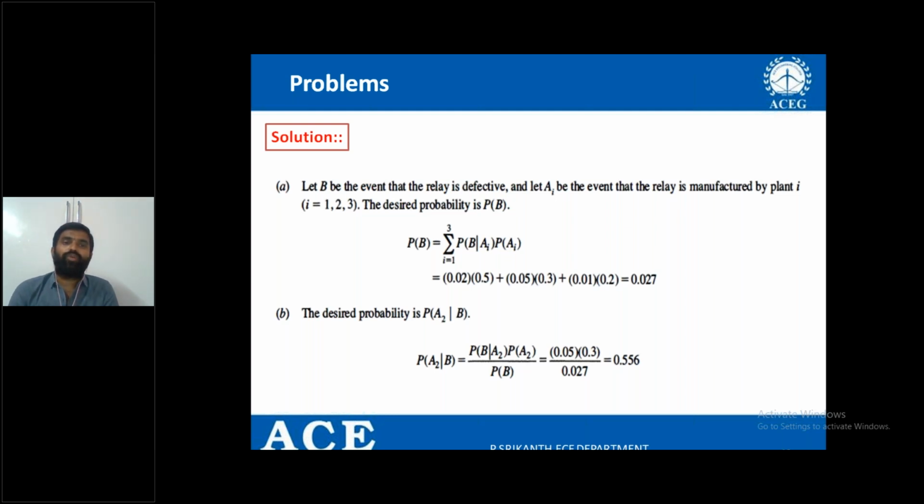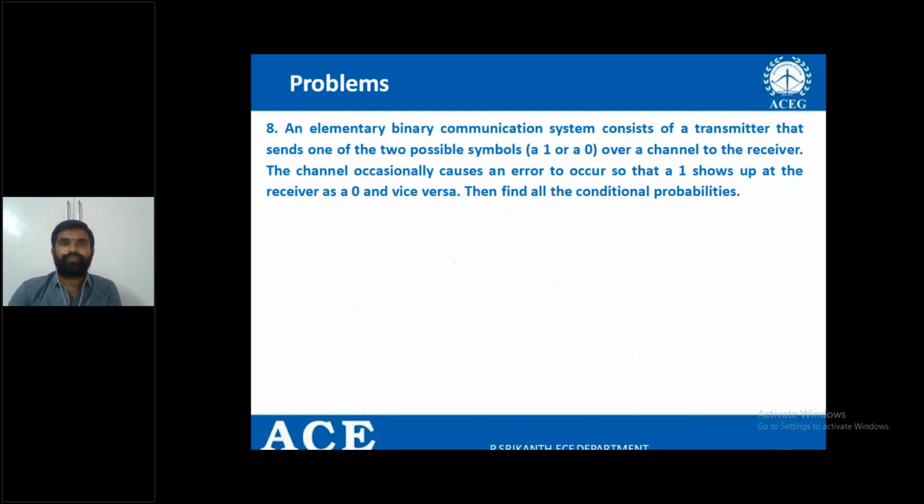Second answer, P of A2 given B, we know the relation: P of B given A2 into P of A2 by P of B, which is equal to 0.556. Like this, you can do the problems by using Bayes theorem and total probability theorem, right?